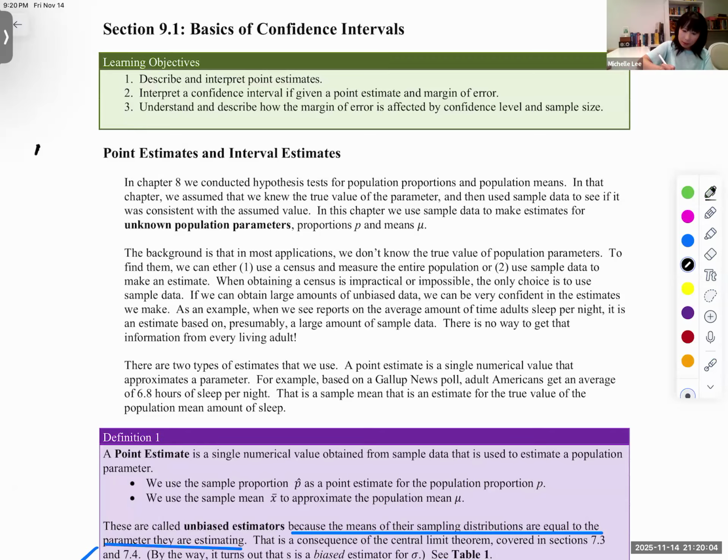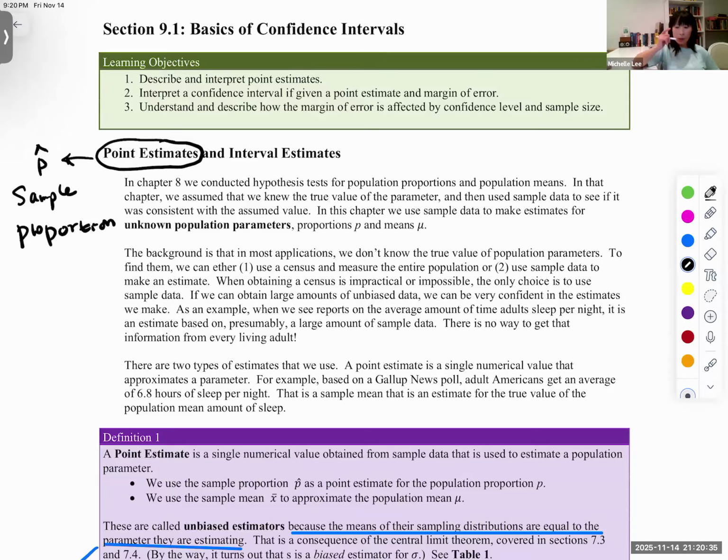The name for P-hat is the sample proportion, but we can also call it a point estimate because p-hat gives us a single number like 0.2140 or 0.1234.